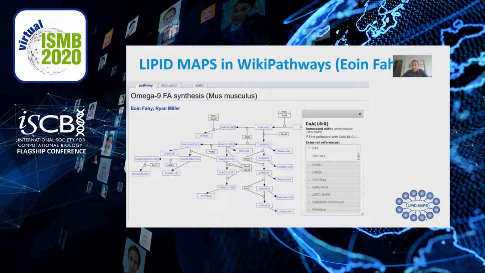When I say interactive, I mean you can zoom in on these pathways. You can click the lipids in the pathway, which gives you, besides the Lipid Maps identifier, also identifiers for other databases. And even better, on the website, those other databases actually link out to those databases to get more information about those lipids.